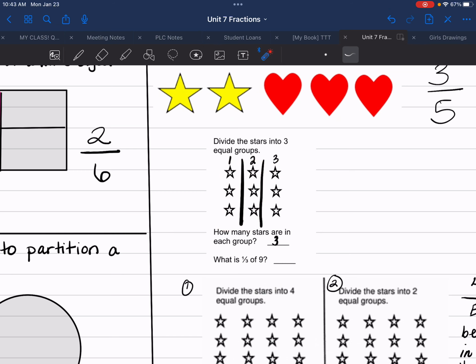When I split something into 3 equal groups, I'm splitting it into thirds. So one of the thirds is how many? Let's count. 1, 2, 3. So 1/3 of 9 is 3.